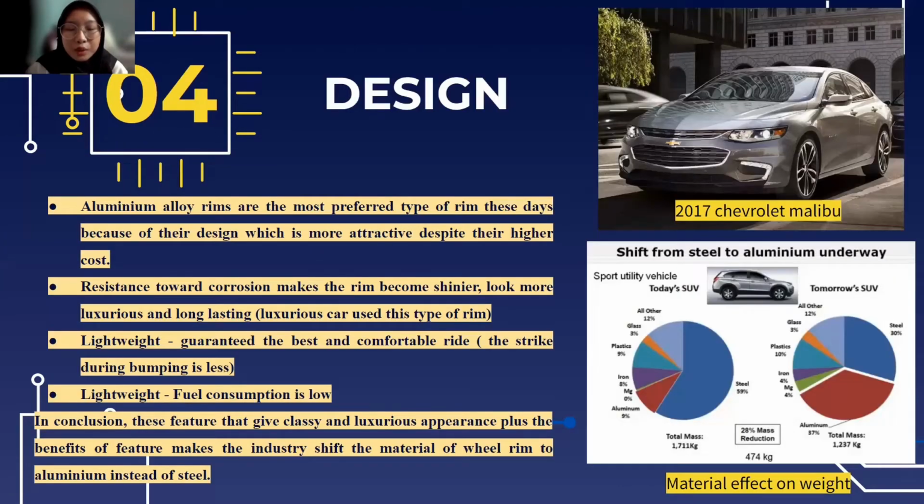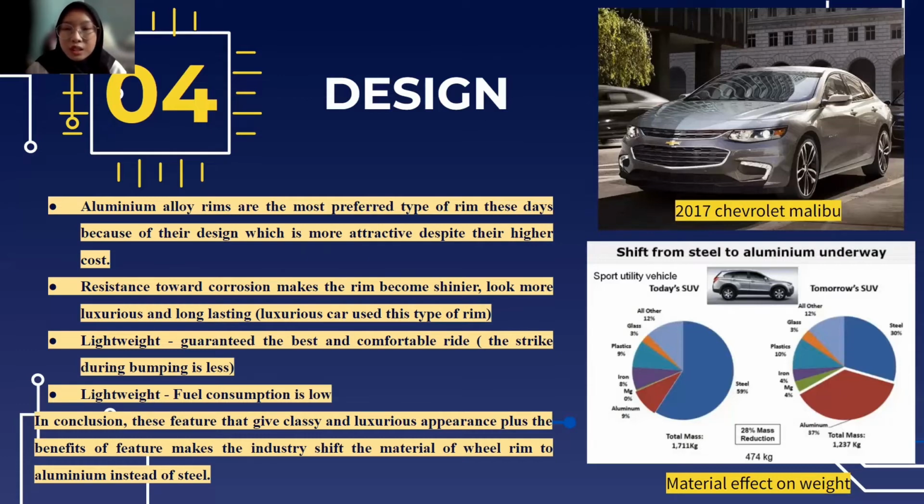There are a lot of rim designs that have been produced by car industry. The most important thing is they use aluminum alloy as their materials. Aluminum alloy rims are the most preferred type of rim these days because of their design, which is more attractive despite their higher cost. Resistance to corrosion makes the rim become shinier, look more luxurious, and long-lasting. Usually, luxurious cars use this type of rim.